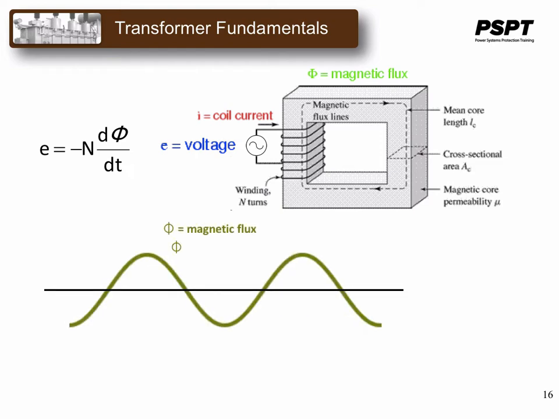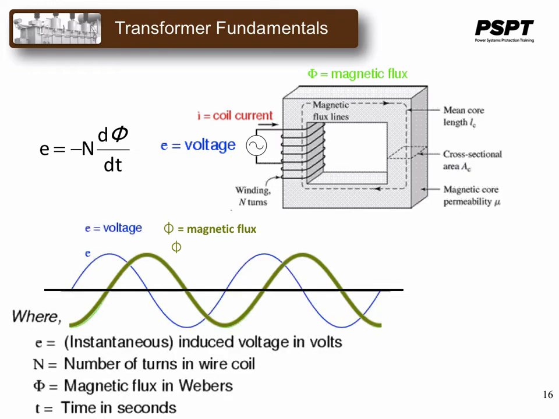This describes the relationship of the flux and the voltage. For example, if there is a sinusoidal flux present in the core, the voltage would be designated by Faraday's equation, and if each point on this sinusoidal wave were calculated and plotted, it would look like this.